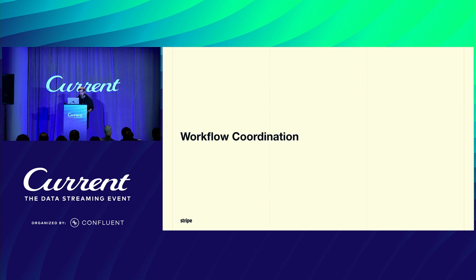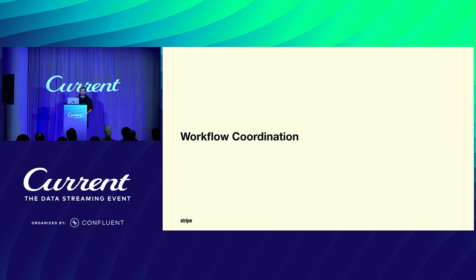So what I'm currently working on is this project which we call workflow coordination, and basically what we're trying to do is come up with a system that will limit the number of operations that can be applied to a cluster to one at a specific time. When designing this, we went through a bunch of different potential designs.